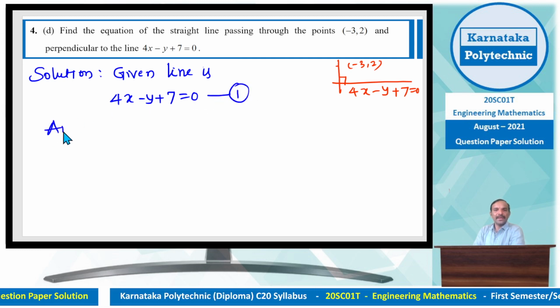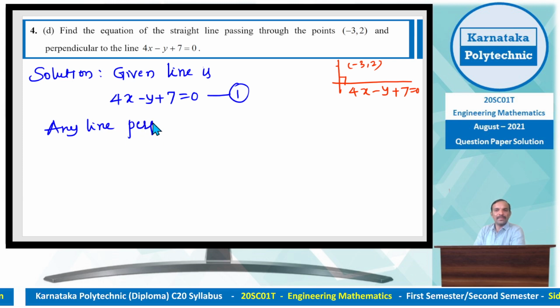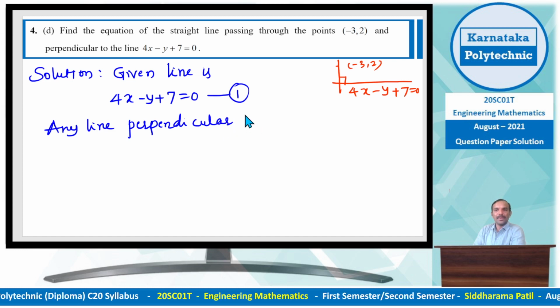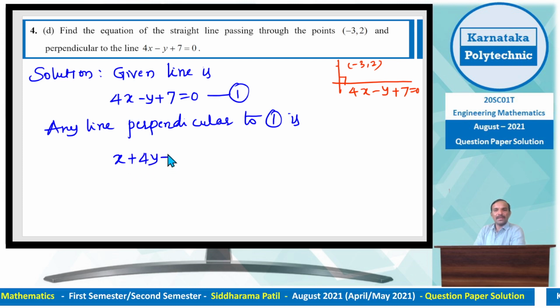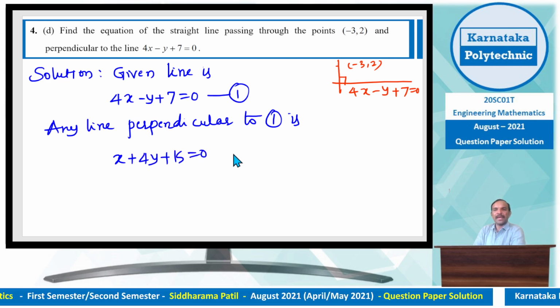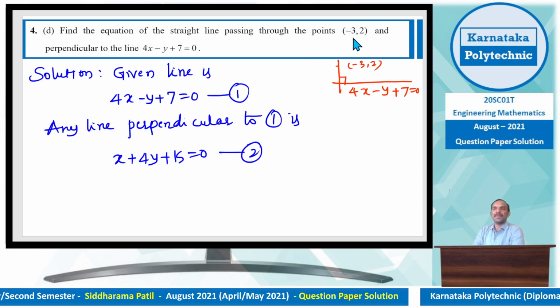Now any line perpendicular to 1 is given by, you have to interchange the x coefficient and y coefficient. It becomes x, and the sign you have to change, plus 4y plus k equal to 0. You have to find out the value of k by the given condition, passing through the point.